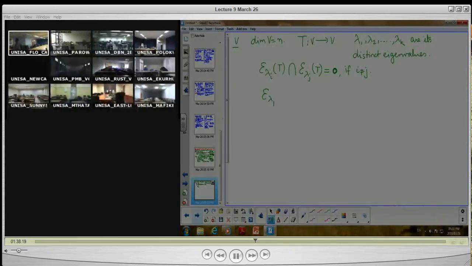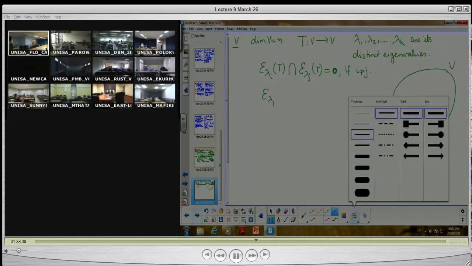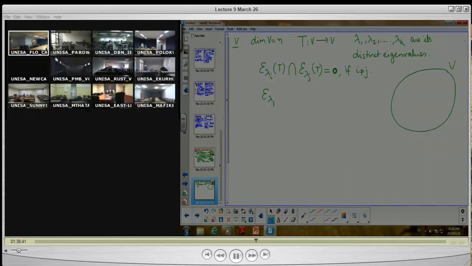Okay, so if this was your V, what I am trying to say is here is a kind of a thing. So this is okay. It's a kind of a decomposition, right?